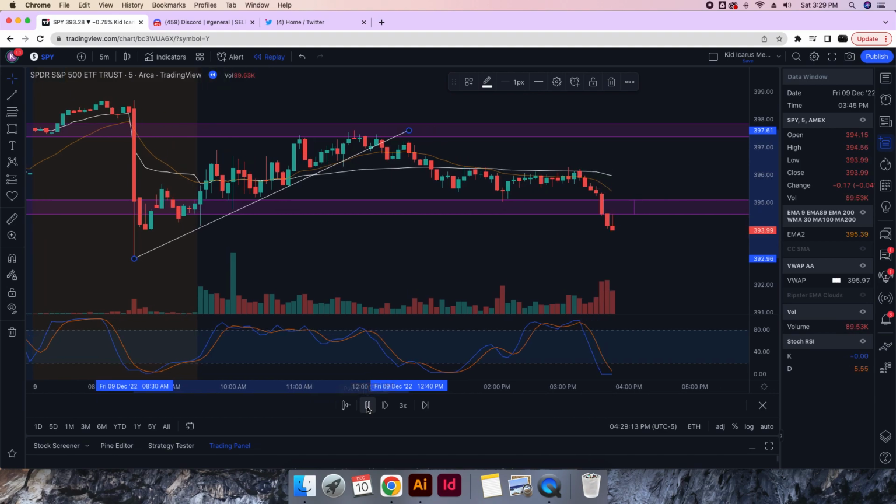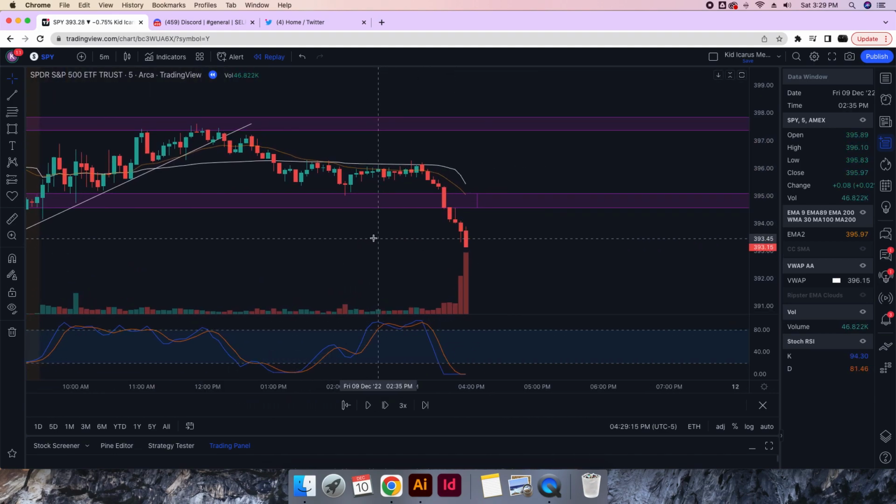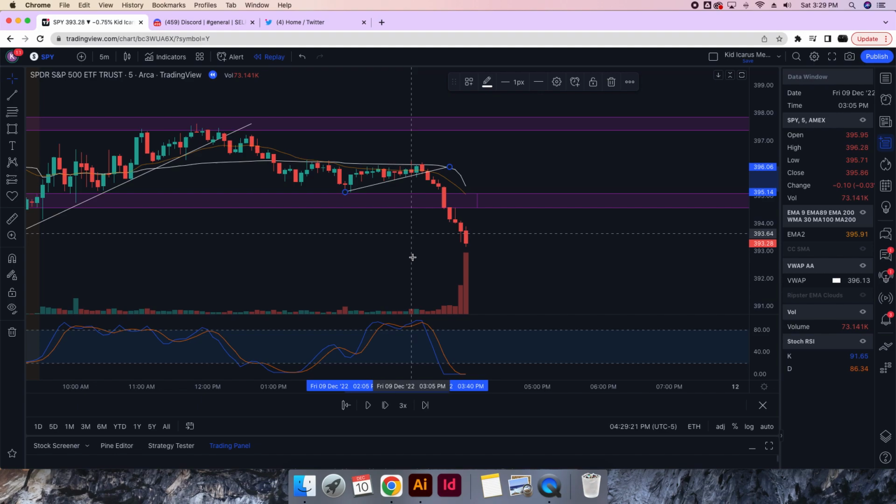Guess what we got right before this dump off? Draw your trend line break, stochastic cross, a little bit of a pullback, and we go. It's awesome. You can take your profit on these too whenever you cross the 80, same deal in this direction.